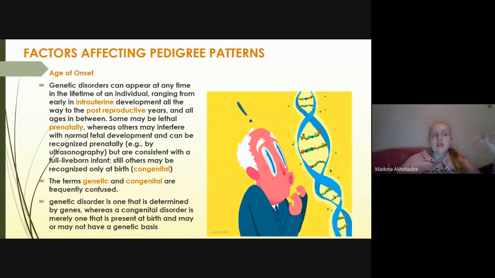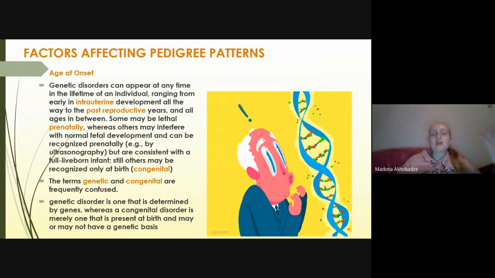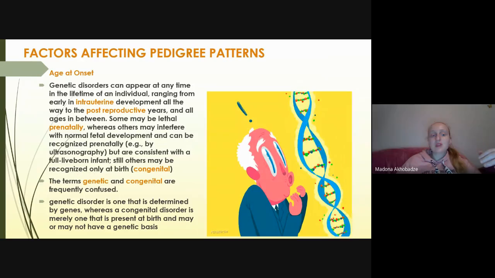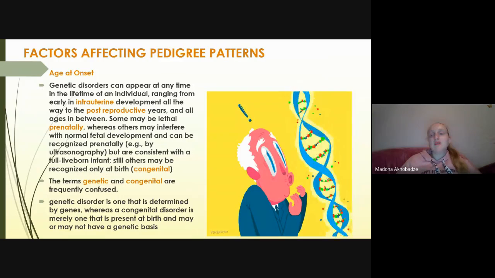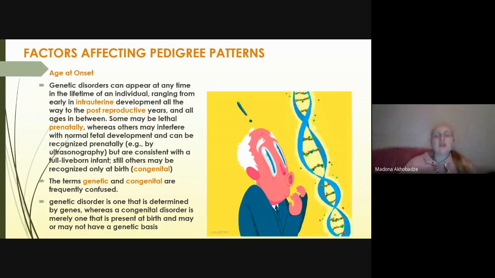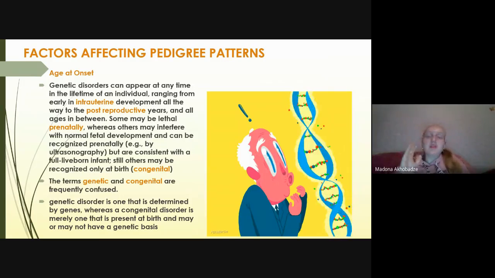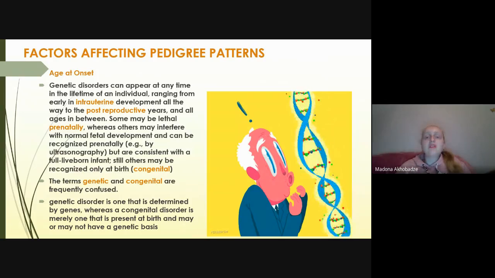Genetic disorder is the one that is determined and caused by a mutation in the genes, whereas a congenital disorder is one that is present at birth, and that may not be because of a genetic basis.